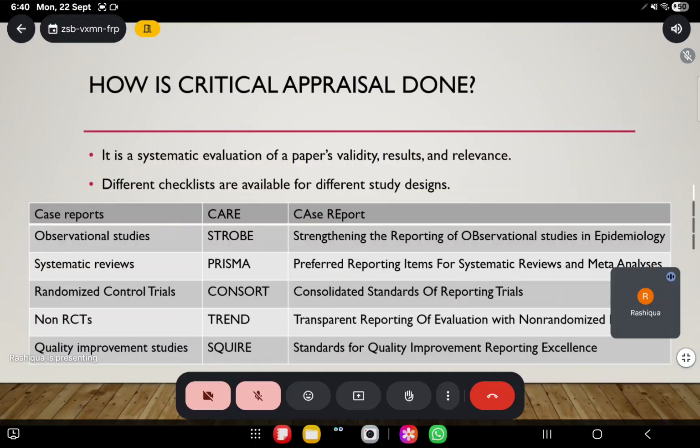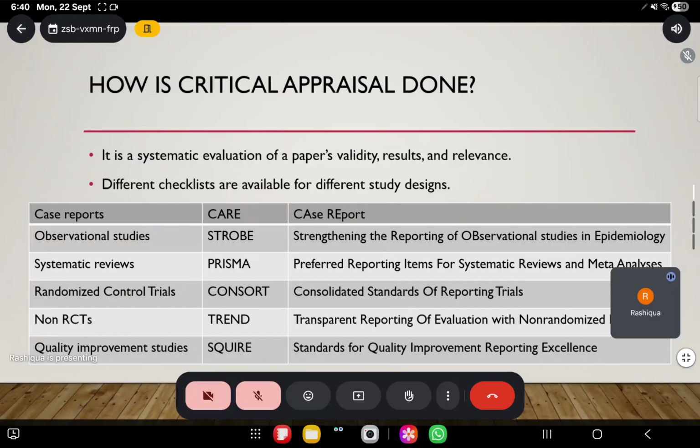Moving on to how exactly we do critical appraisal. The way we appraise a paper depends on its study design. Different types of research require different checklists. So here we have different checklists, like there is the CARE checklist for case reports. For observational studies, which include case-control, cohort, and cross-sectional designs, we have STROBE, which stands for Strengthening the Reporting of Observational Studies in Epidemiology.